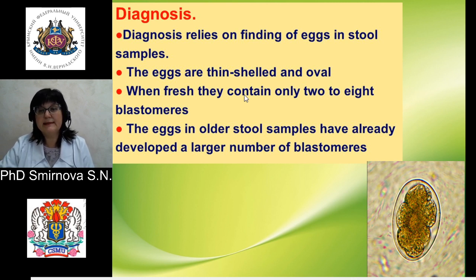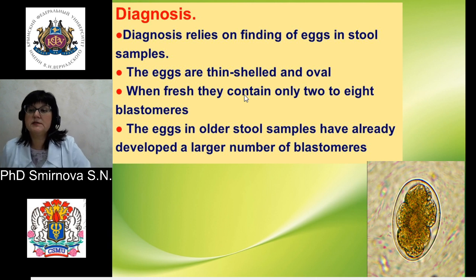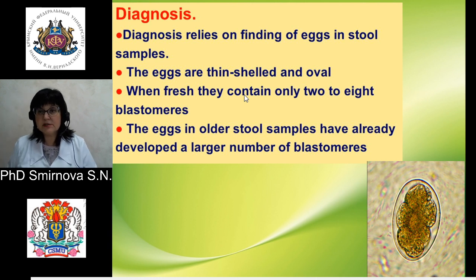For this parasite, laboratory diagnostic is to check the stool of the human for eggs of the parasite. On this scheme we can see the structure of the egg. This egg has a very thin membrane, and inside we can see 2 to 8 embryonic cells.